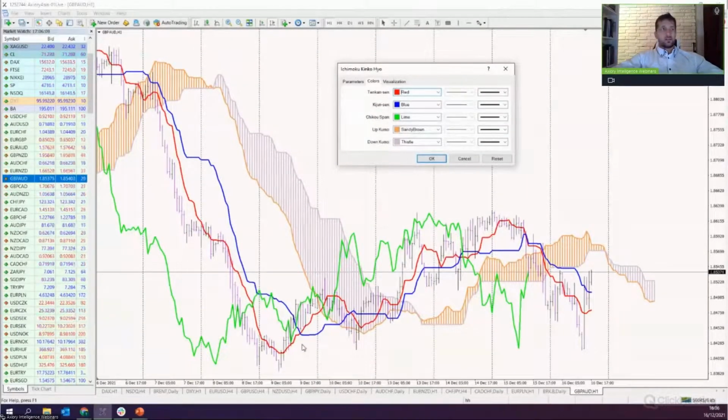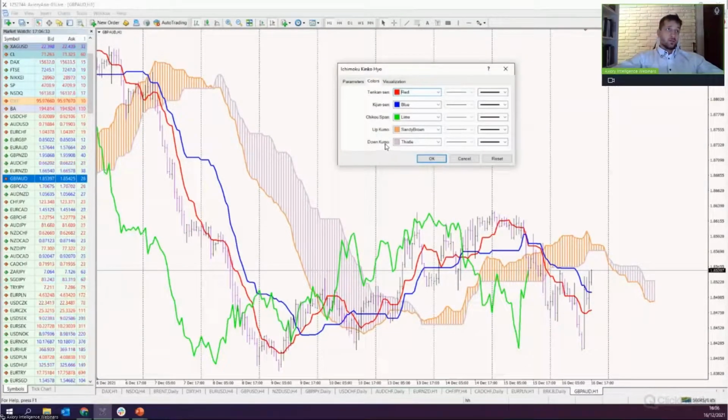Then you have Senkou span A and Senkou span B, which is up Kumo and down Kumo. Senkou span A, up Kumo, is calculated by adding the Tenkan-sen and the Kijun-sen, dividing the result by 2, and then plotting the result 26 periods ahead.